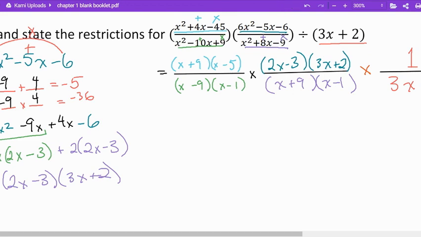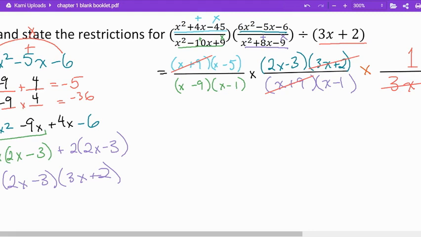And now I look at cross-canceling. So I can cancel the x plus 9. I can cancel the 3x plus 2. Anything else? No. Can I cancel the x minus 1s?